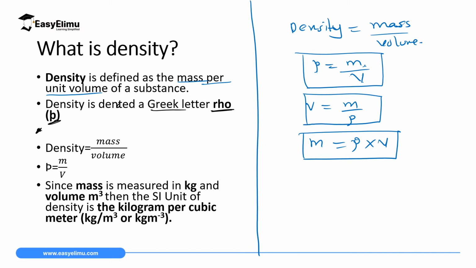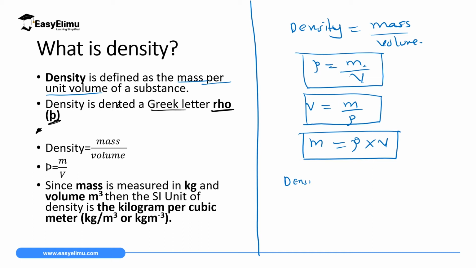Another important thing to note is that since mass is measured in kg and volume is measured in cubic meters, then the SI unit will be kilogram per cubic meter. This is true because look at this.